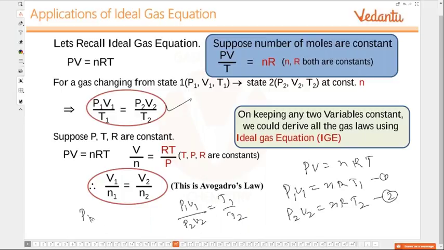So you will get P1 V1 divided by T1 is equal to P2 V2 divided by T2. So sometimes we use this equation as well. This is also a combined gas equation, okay? In fact, a very important equation among all these laws.